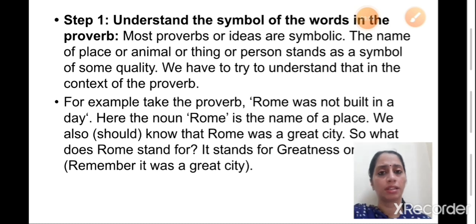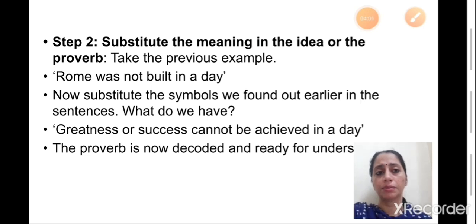Let us see what step 2 will be. Substitute the meaning in the idea or the proverb. So once you have understood the symbols used in the proverb, now it's time to substitute the meaning. So we'll take the previous example. Rome was not built in a day. Substitute the symbols we have found earlier in the sentence. Okay, so what did we find? What symbol does it hold? Basically greatness or success.